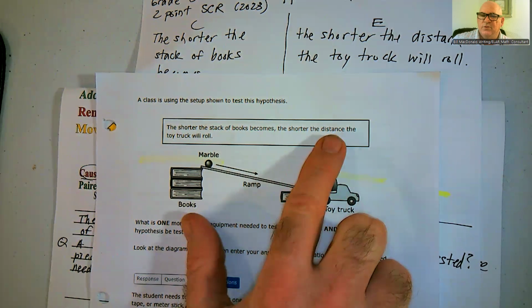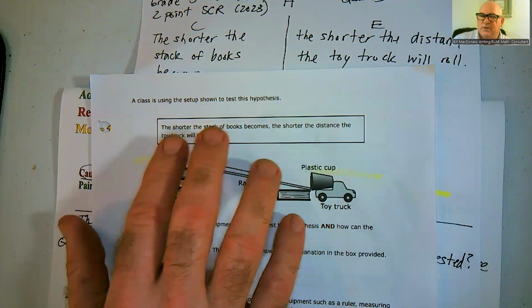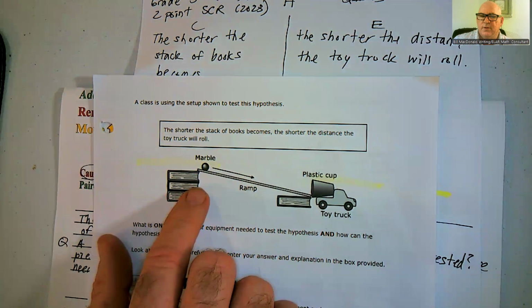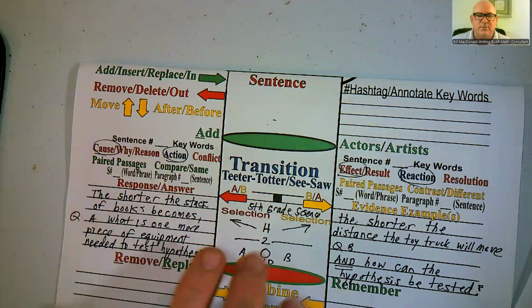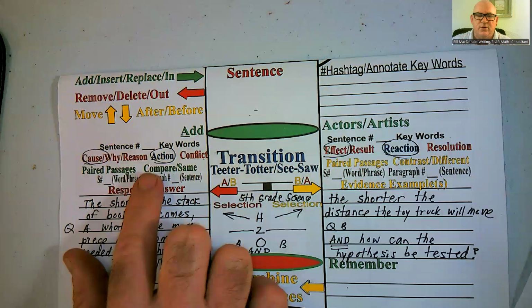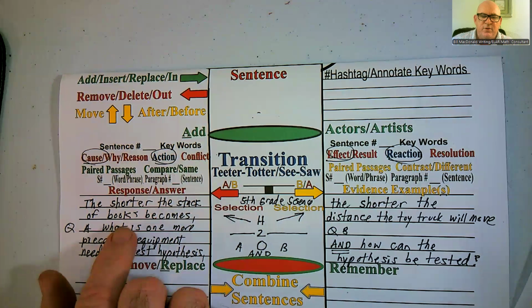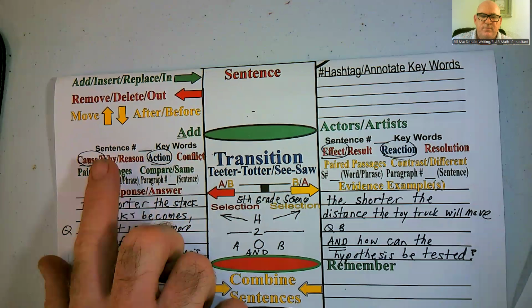Okay. So the only thing that you have to think about is the cause and effect relationship. Okay. So let's look at that. The cause, red, I'm going to use here. The shorter the stack of books becomes. Cause.